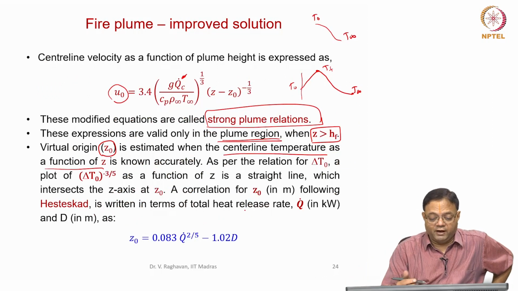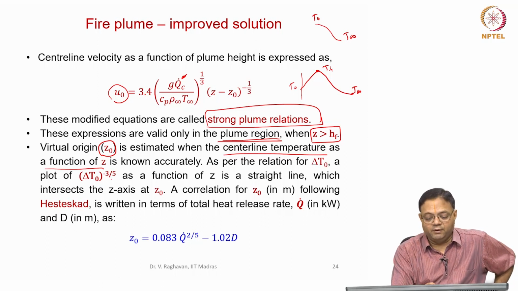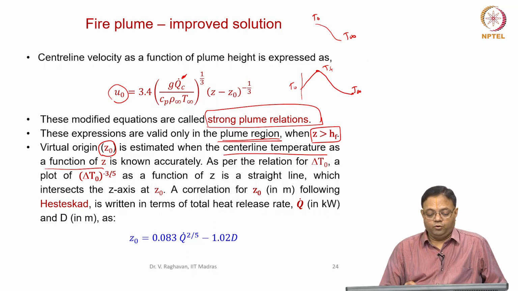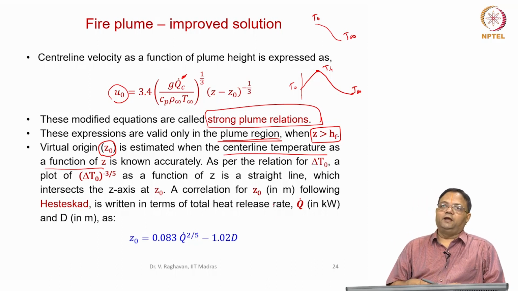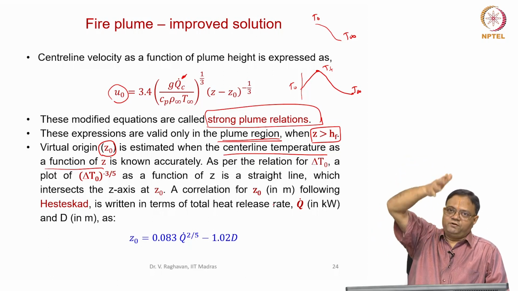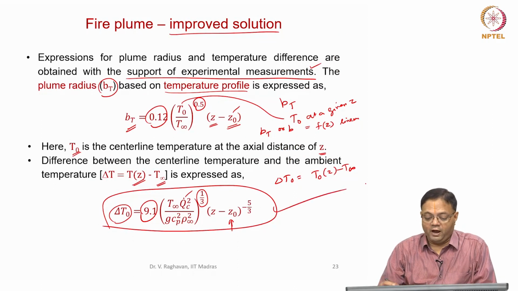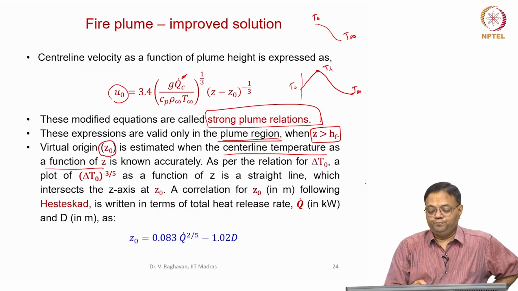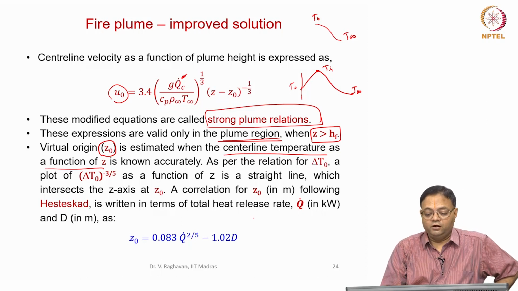That means z can be a function of delta T naught to the power minus 3 by 5. Using that I can get the virtual origin. Once you accurately predict the centerline temperature at every height, by using this expression I can predict the virtual origin. So I can also form a correlation for the virtual origin, correct?